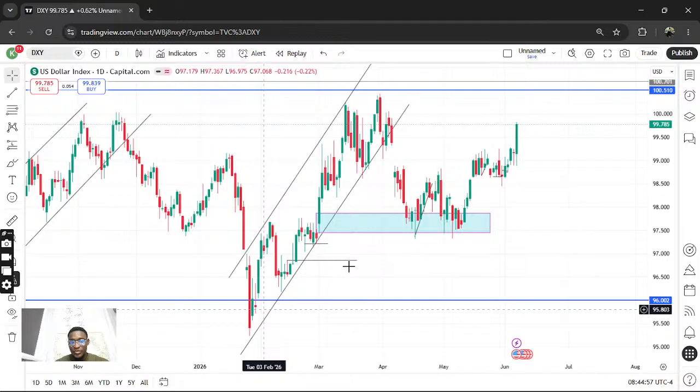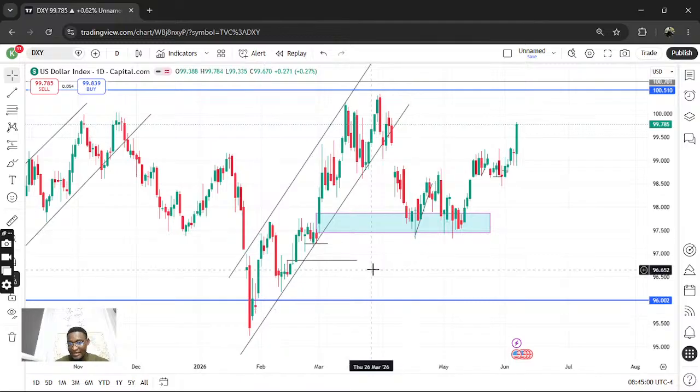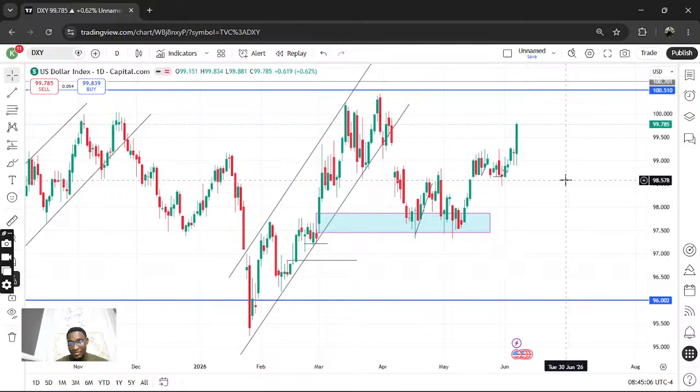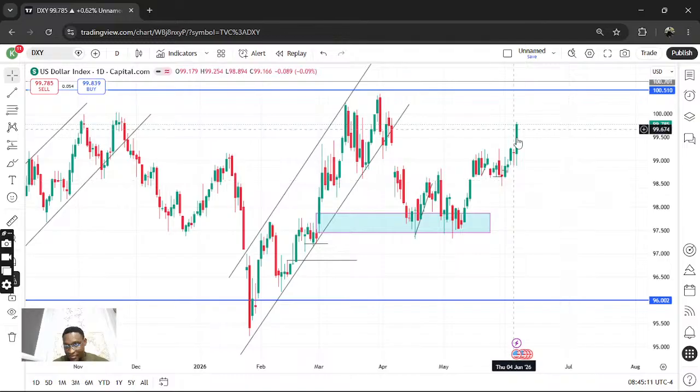Looking at this, you can see that dollar is in an uptrend, and this candle was NFP, which happened yesterday, and this was Thursday, this was Wednesday, this was Tuesday, and this was Monday. Now, let's quickly look at what really happened.